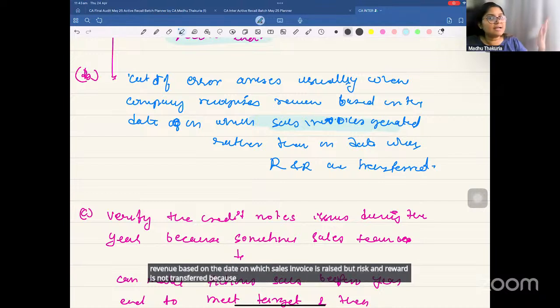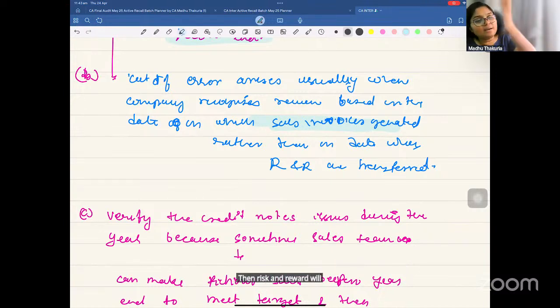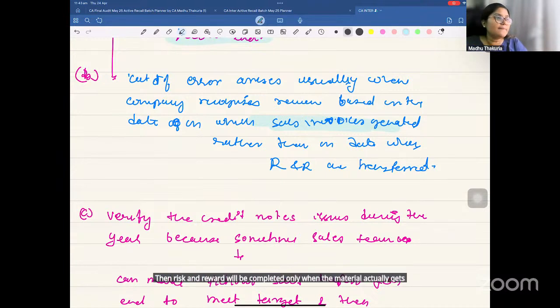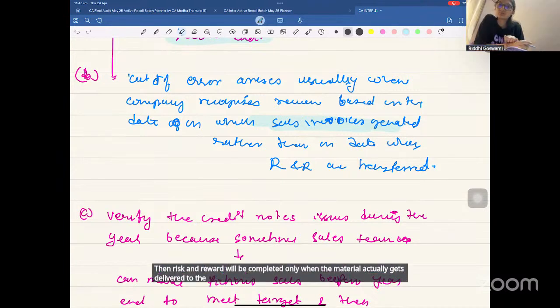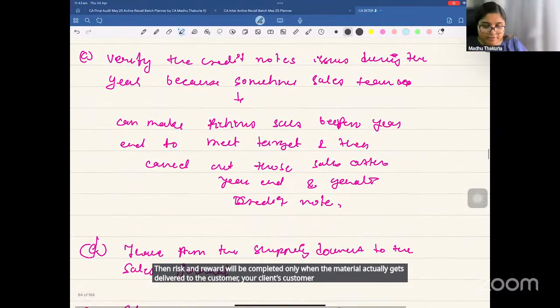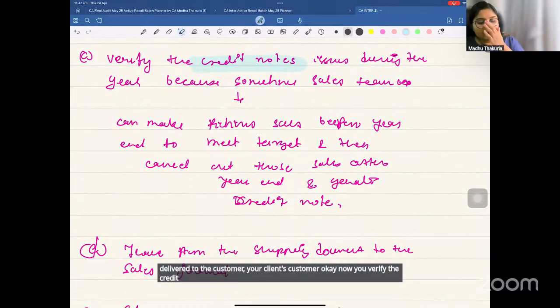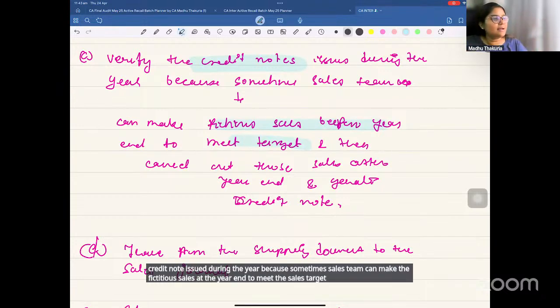Because if the terms say that your client has to deliver the material to the door of the customer, then risk and reward will be completed only when the material actually gets delivered to your client's customer. Now you verify the credit notes issued during the year, because sometimes the sales team can make fictitious sales at the year end to meet the sales target, and then they cancel them out after the year end and generate the credit note.